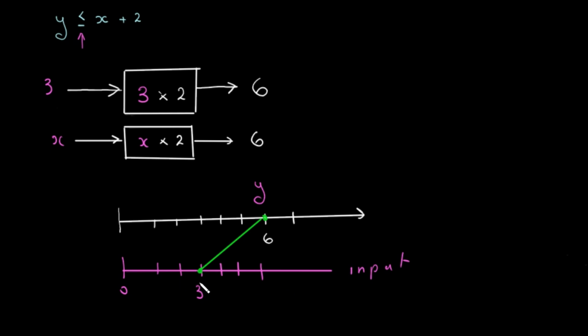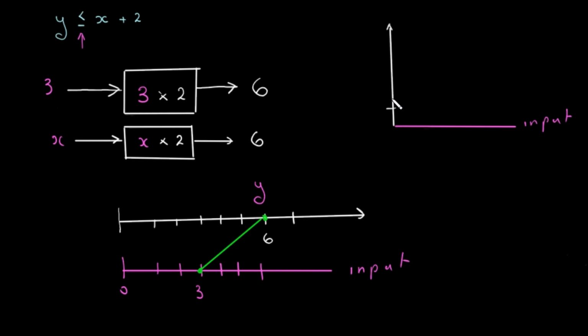Now we don't have to do number lines horizontally. It's quite common. We can have our input number line that way, and we can have our output number line that way.